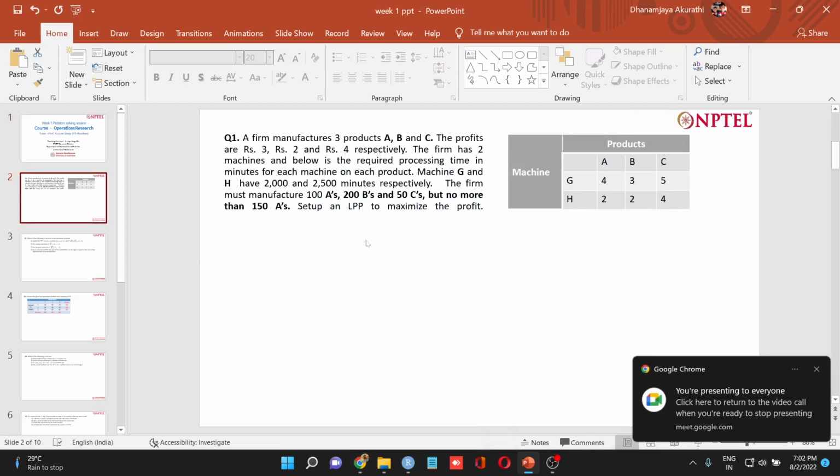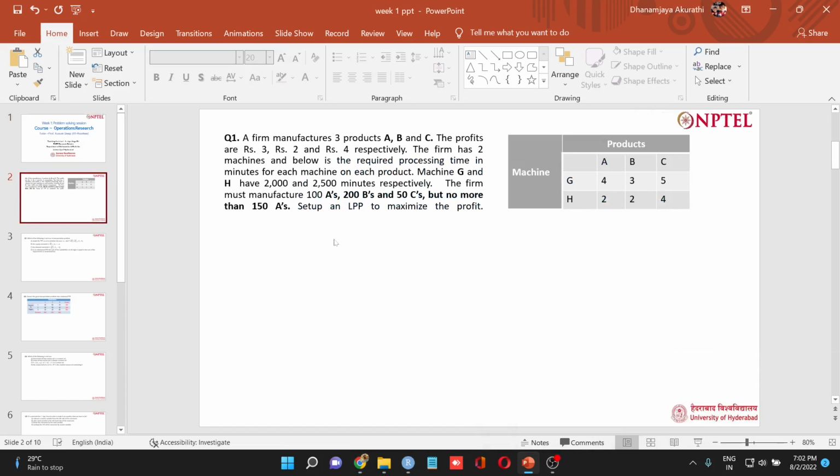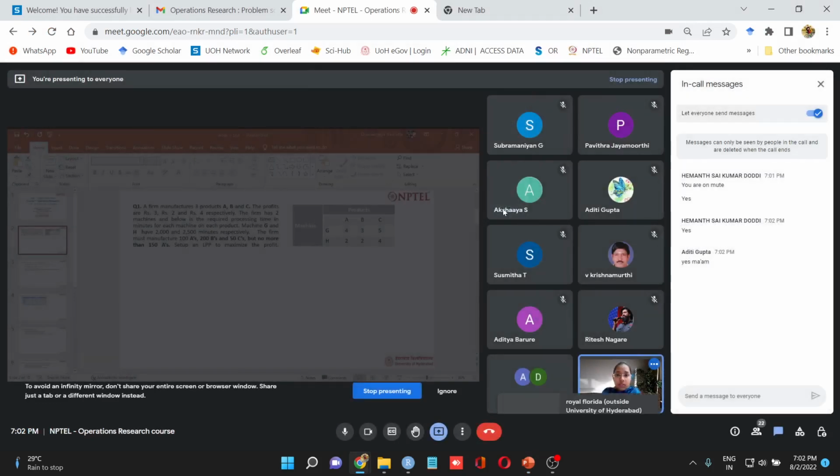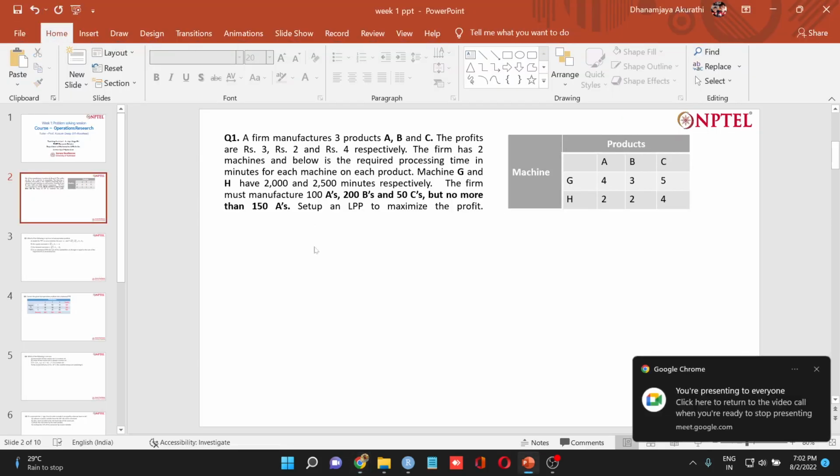So coming to our problem solving session, here is the first question. A firm manufactures three products A, B and C. The profits are 3 rupees, 2 rupees and 4 rupees respectively. The firm has two machines, and below is the required process time.